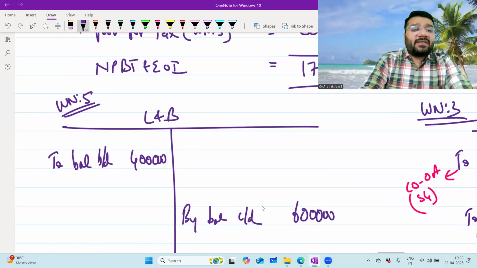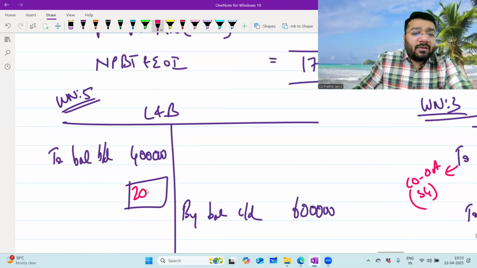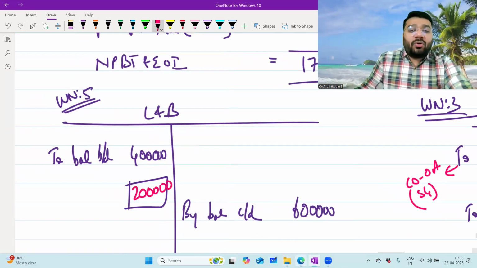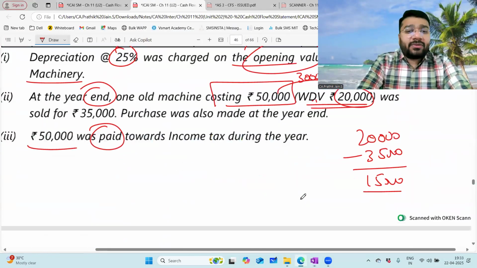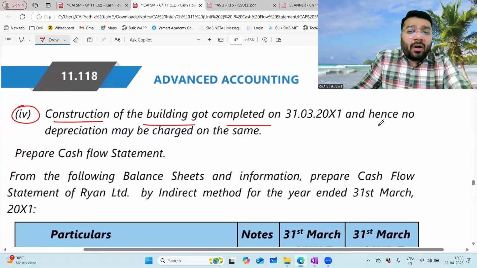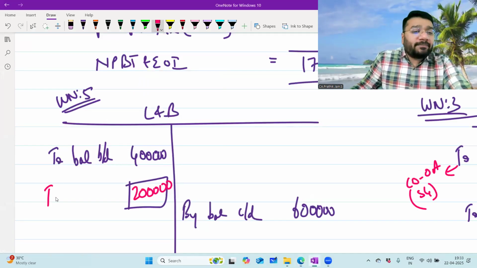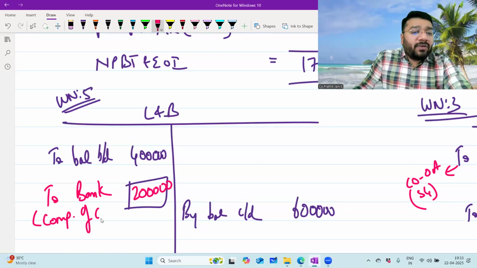What is the difference? 2 lakh rupees is the difference, which is nothing but a new building got constructed. So you've been constructing the building. So this 2 lakh rupees is what? Capitalized. Construction of the building got completed, hence no depreciation to be charged on the same. So nothing but 2 bank. This is the completion of the construction.